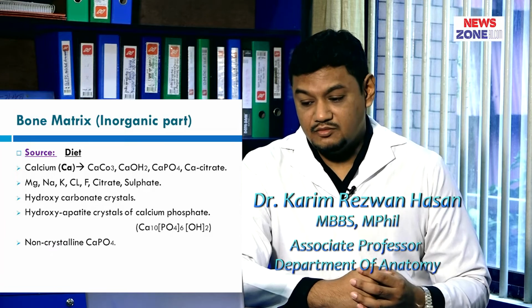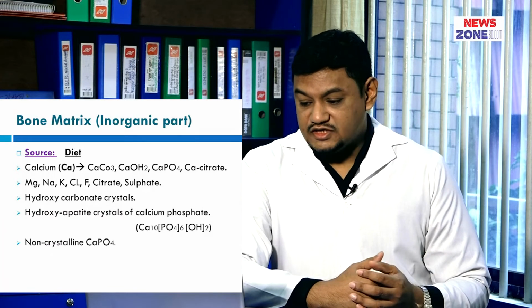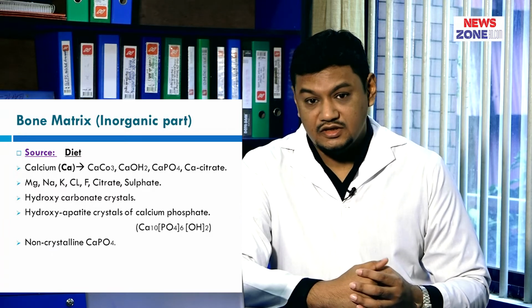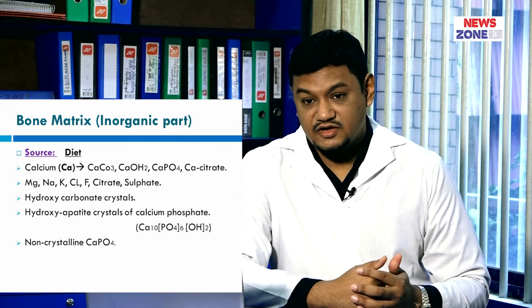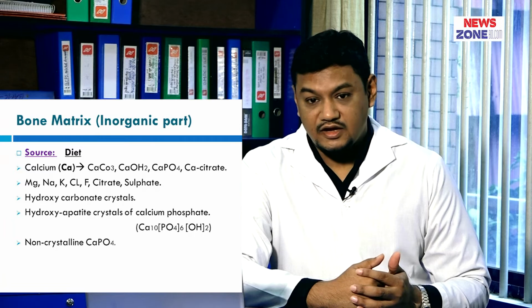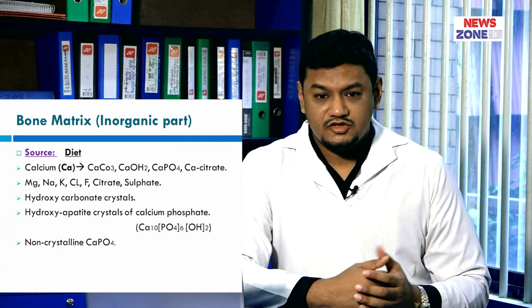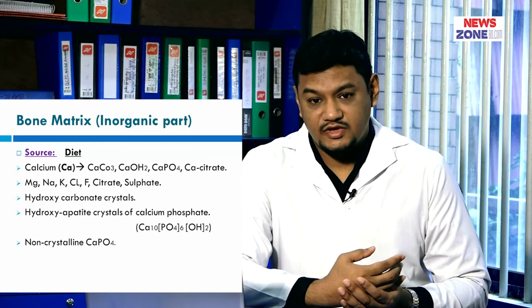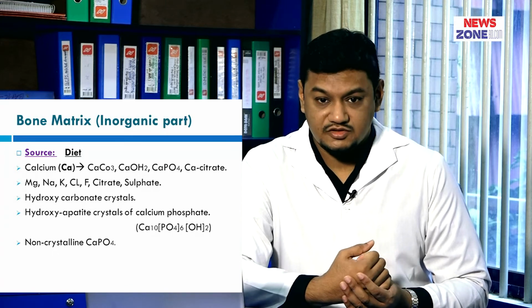Not only that, manganese, sodium, chloride, potassium, fluoride, citrate, sulfate, hydroxycarbonate crystal, hydroxyapatite crystal of calcium phosphate, and non-crystalline calcium phosphates are there. So most of the inorganic part is coming from the calcium, as we can see, and there are some other minerals also.